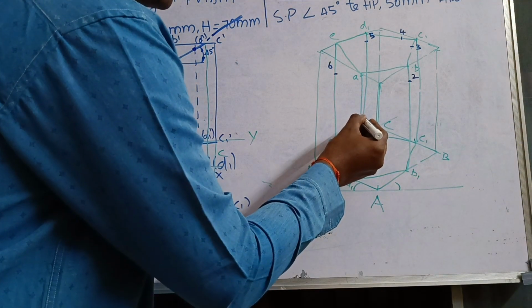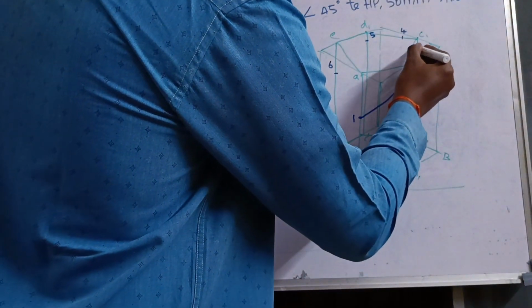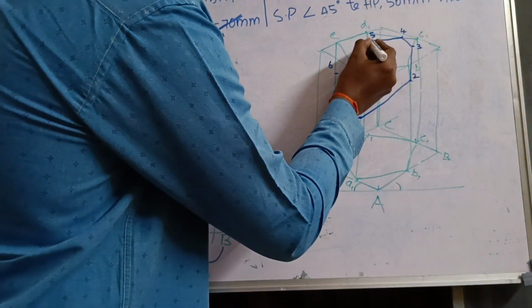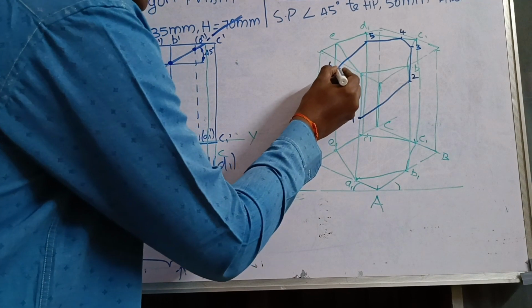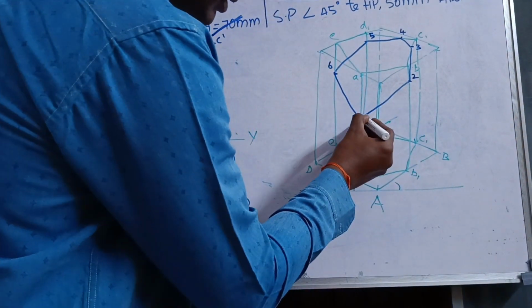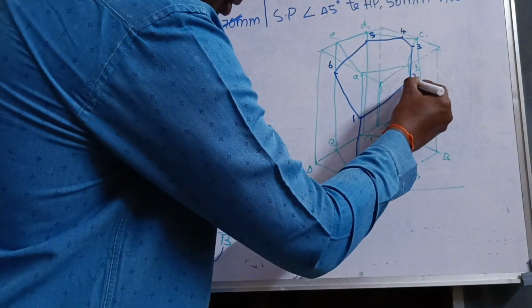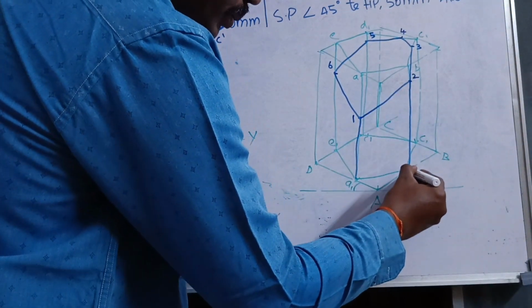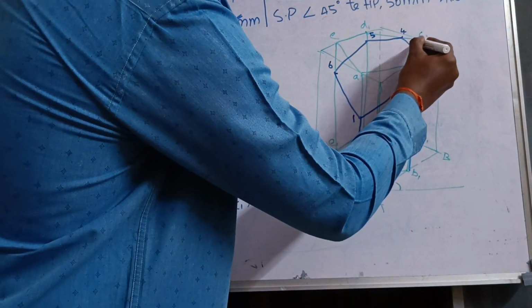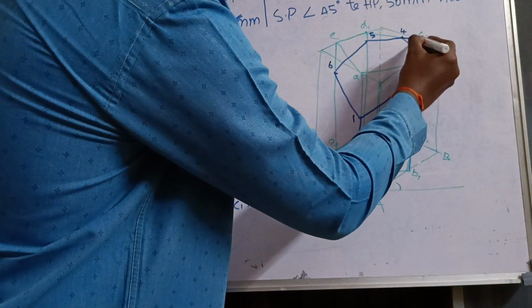Now students, 1 to 2, 2 to 3, 3 to 4, 4 to 5, 5 to 6, and 6 to 1. Now 1 to A1 longer edge, 2 to B1 longer edge, 3 to C1, 4 to C1.